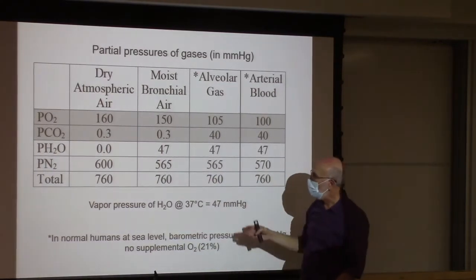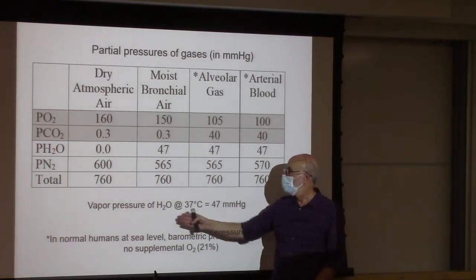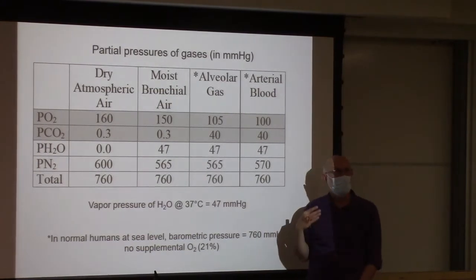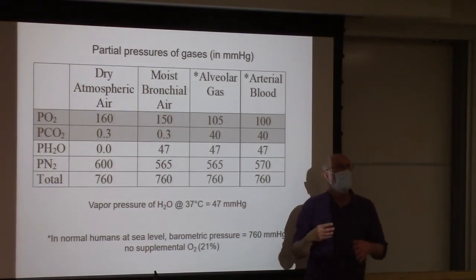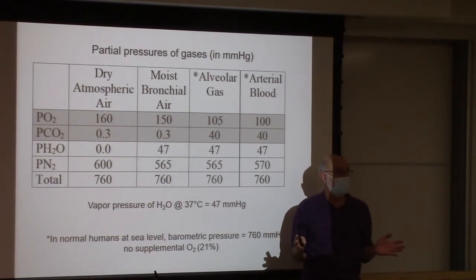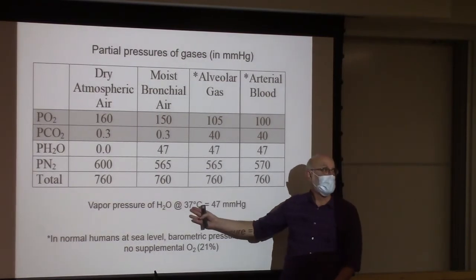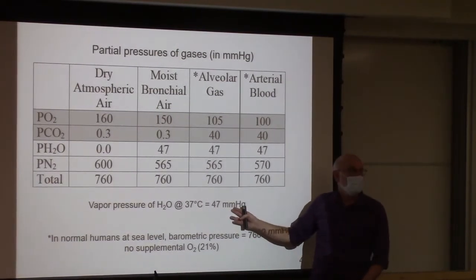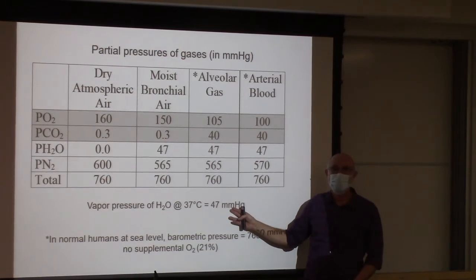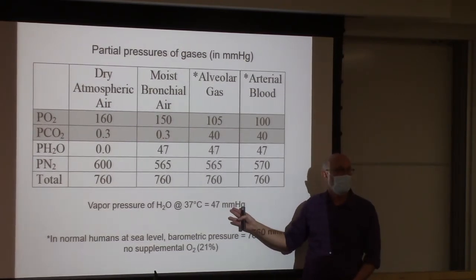Where did that come from? Well, that's saturated air that has 100% relative humidity at body temperature, which holds 47 millimeters of mercury of water.